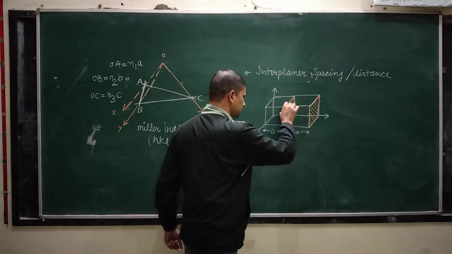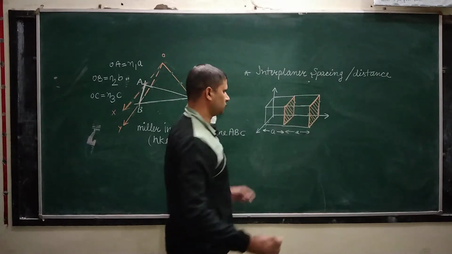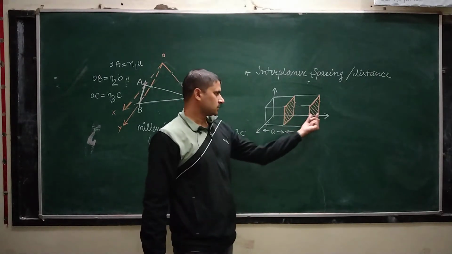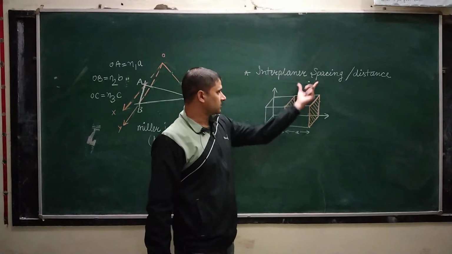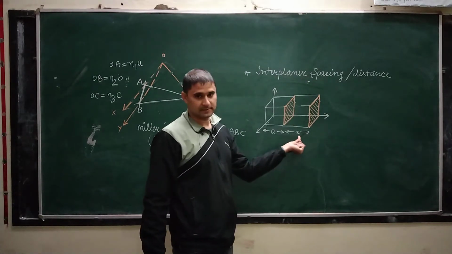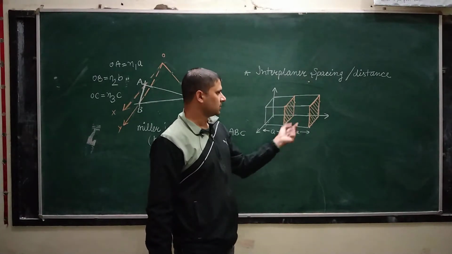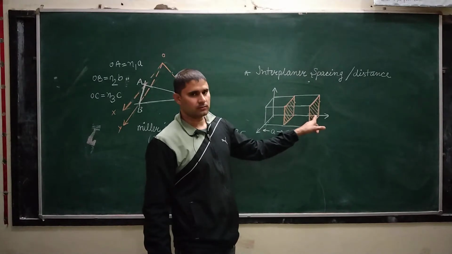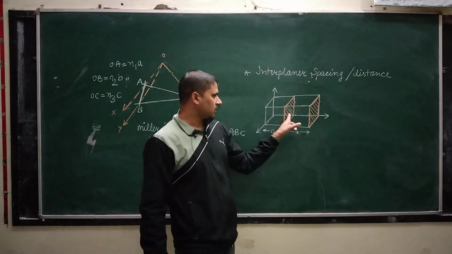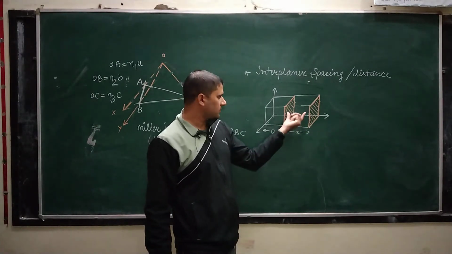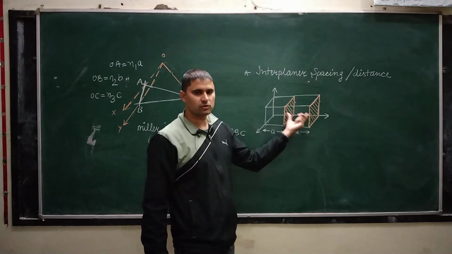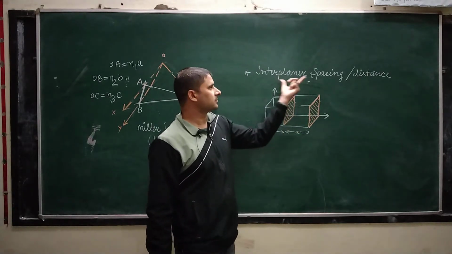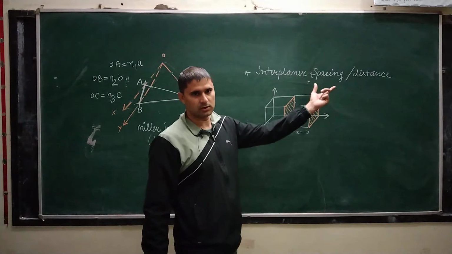You can have the idea that the distance between these two planes is a. So how will you find it? You will draw a perpendicular from this plane up to this plane, and that normal distance between two parallel planes is the interplanar spacing or distance.